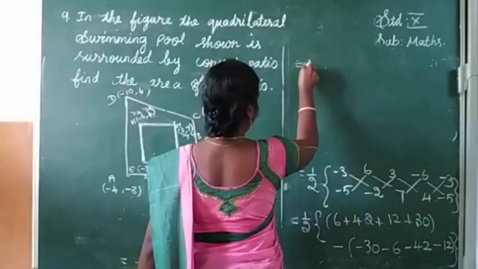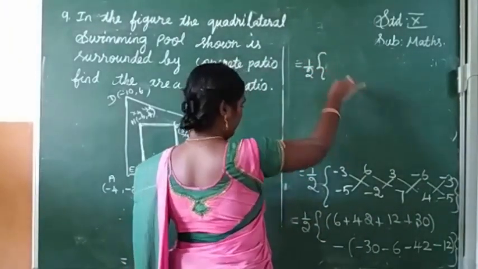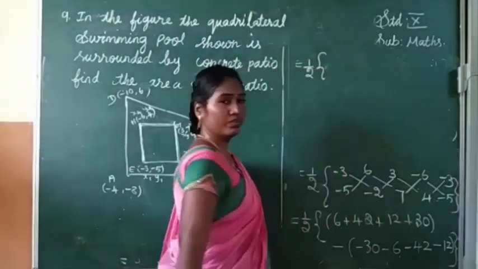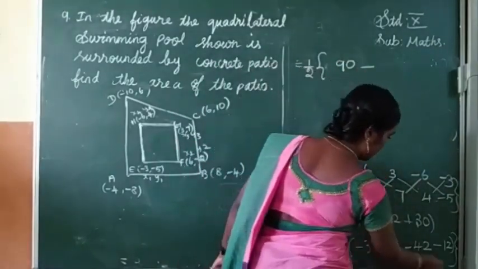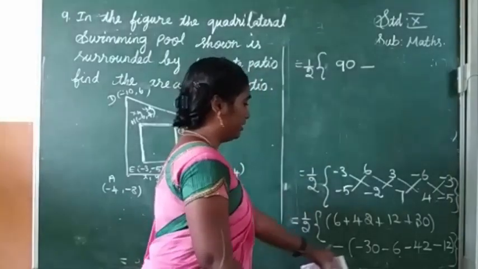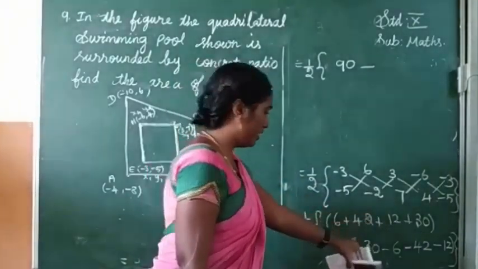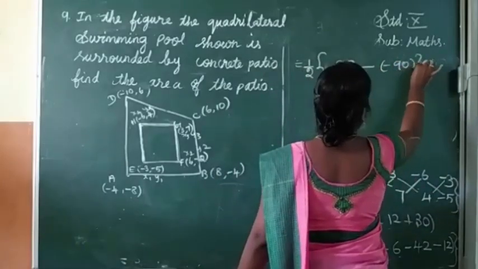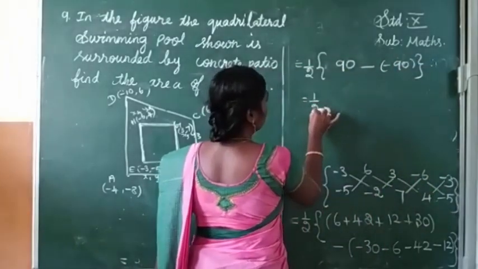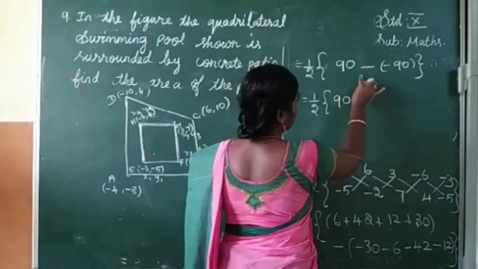That is equal to half into, if you add all the numbers you will get the answer 90. Then put the formula minus, here all the numbers have the minus sign. If you add those numbers you will get the answer 90. All the numbers have the minus sign, so the answer also has a minus sign. Then half into 90, minus into minus plus.